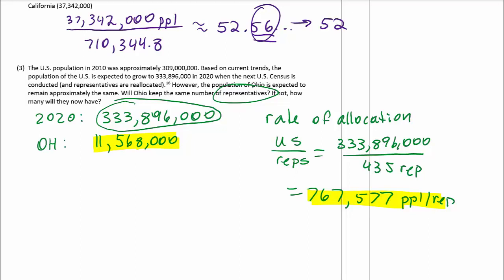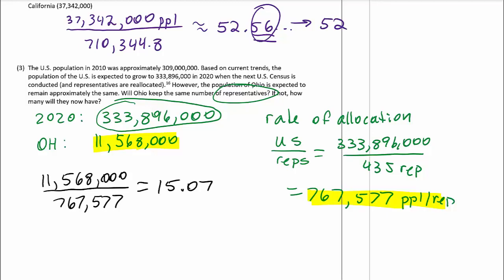All right, let's go ahead and review. So we're going to have 11,568,000, and we're going to divide by this allocation rate. And let's see what's going to happen to the population. So 11,568,000 divided by the cookie cutter, 767,577, and now the allocation actually goes down.